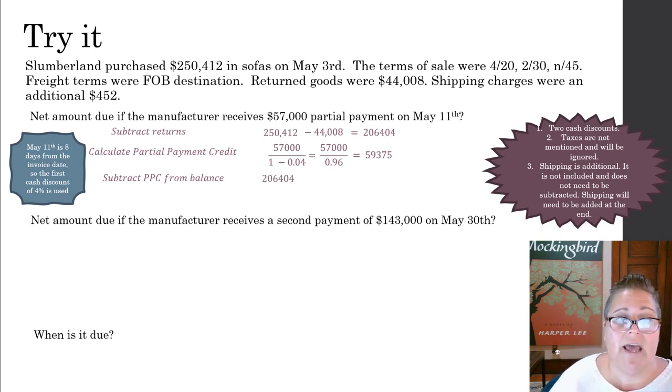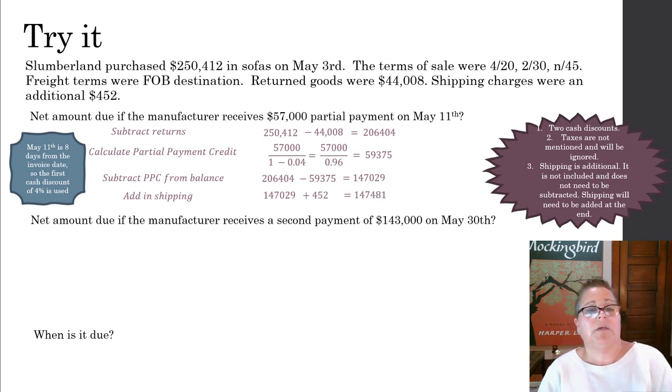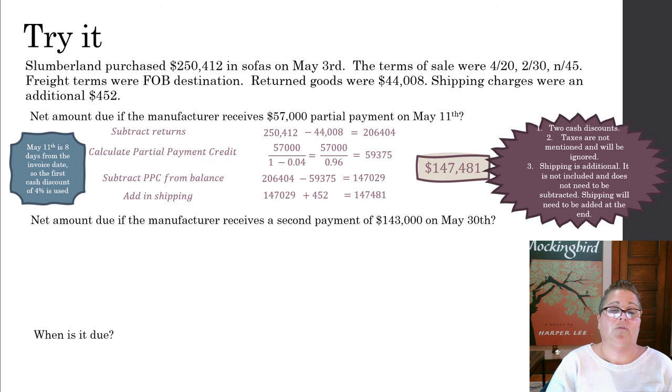I'm going to subtract that from the balance of 206,404 to get $147,029. And then I need to add in my shipping. Shipping charges were just $452. So $147,029 plus the $452 gives me $147,481. Okay. So that's what the balance is on May 11th. On May 11th, there's still a balance of $147,481.